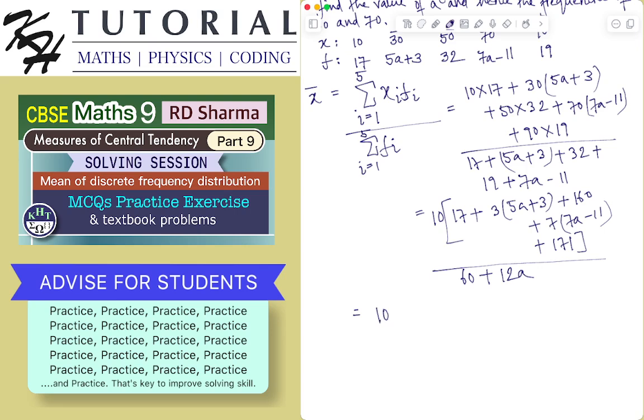10 multiplied by, now let's simplify the numerator inside the square bracket.